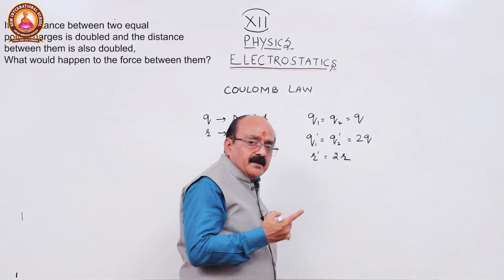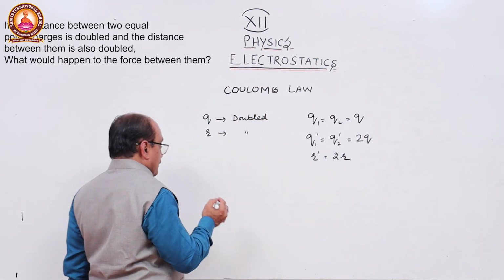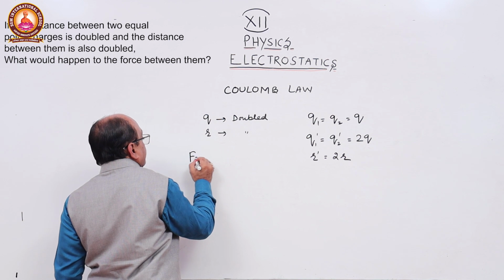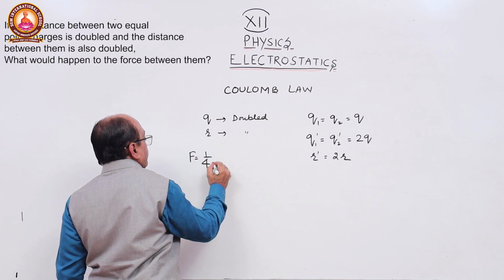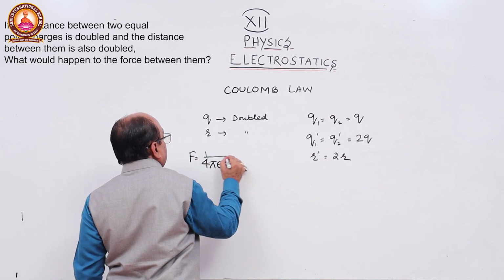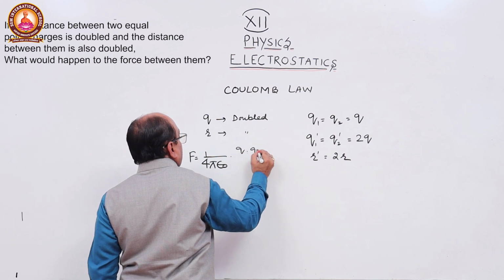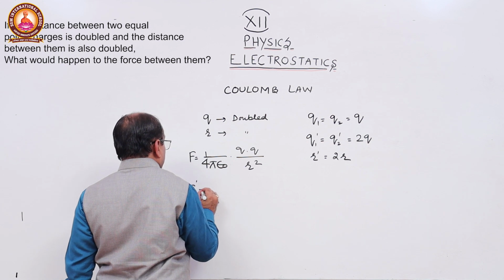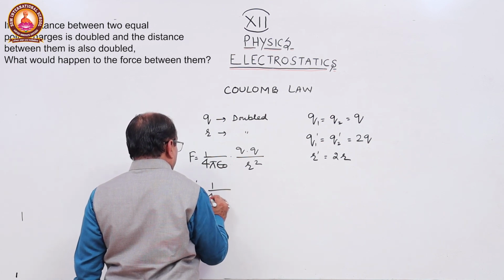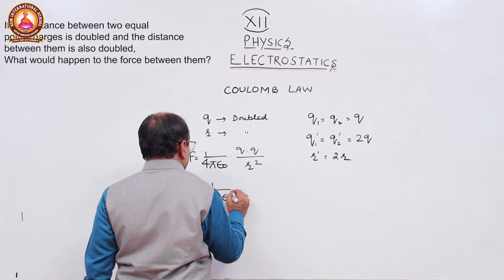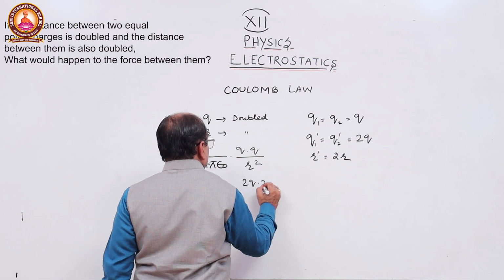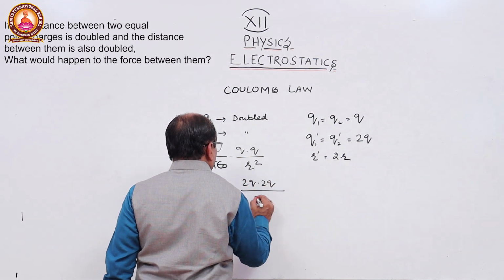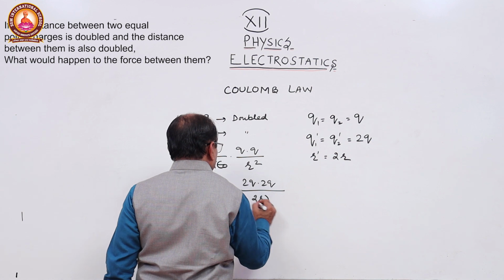We will frame two equations here. The first case will be F is equal to 1 upon 4 pi epsilon naught Q dot Q upon R square. The next will be F dash is equal to 1 upon 4 pi epsilon naught 2Q into 2Q upon 2R whole square.